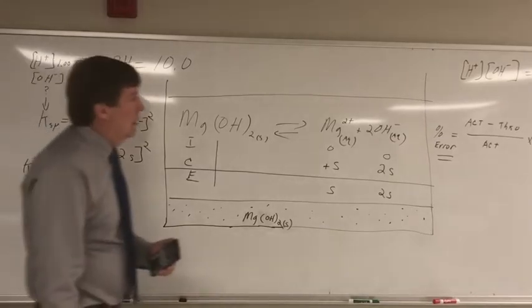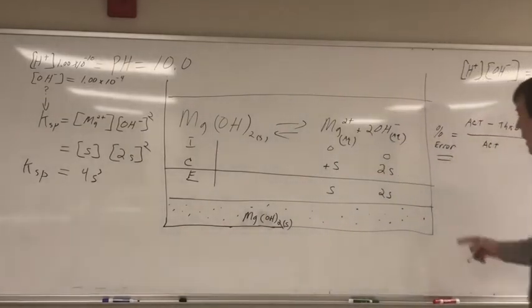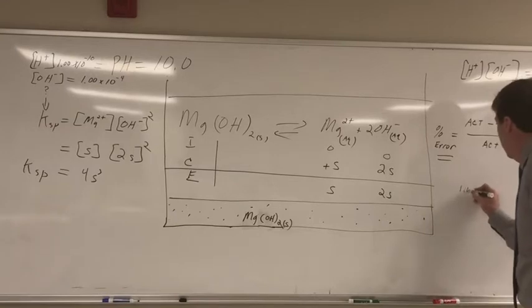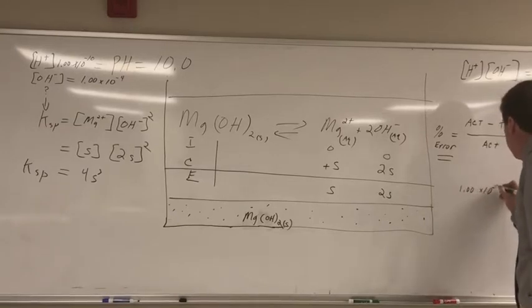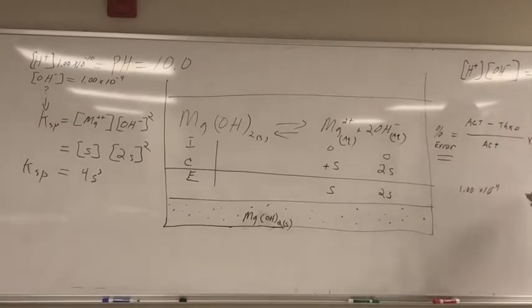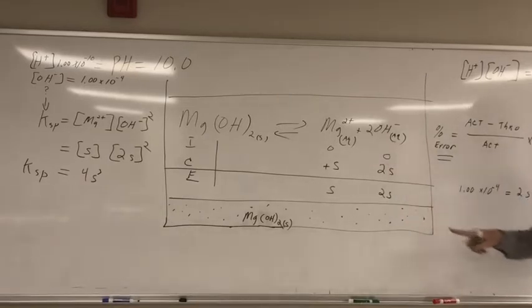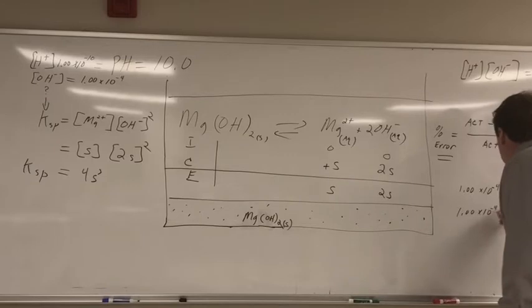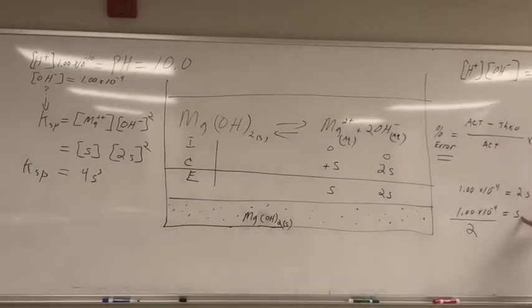Well, let's do this here. That value, 1.00 times 10 to the negative 4th, equals 2s, right? Because we have to account for the stoichiometry. So, what does s equal? Easy enough, 1.0 times 10 to the negative 4th divided by 2. That's going to be our s value.